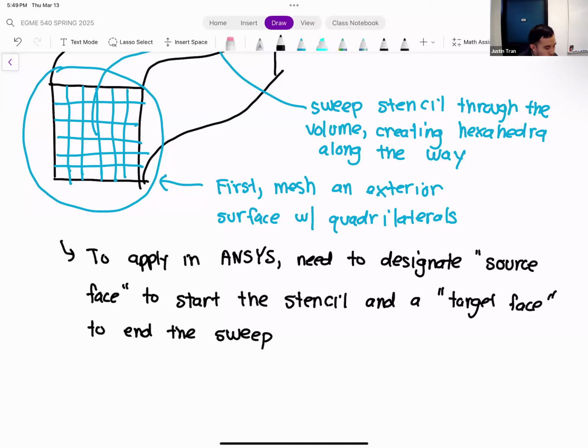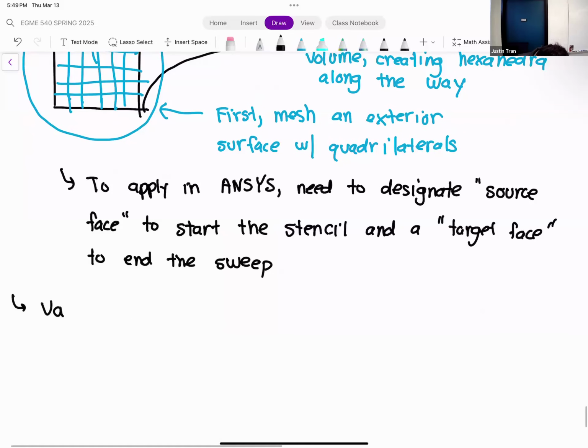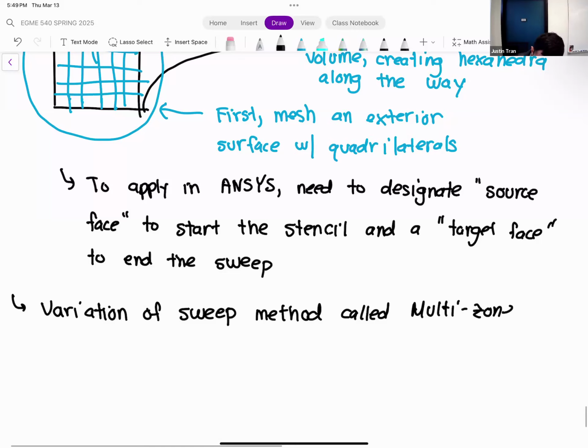Okay? There's a variation of this that you can do in ANSYS as well called a multi-zone method. So basically for the multi-zone method, you're going to be doing sweeps, but you're going to be doing multiple at the same time. So the idea with multi-zone is that this would be able to tackle more complex geometries.